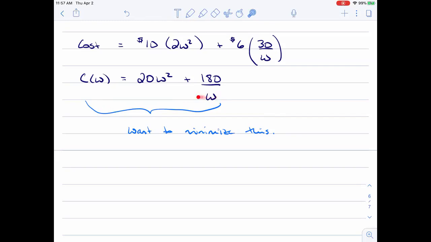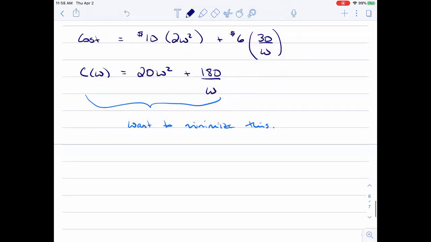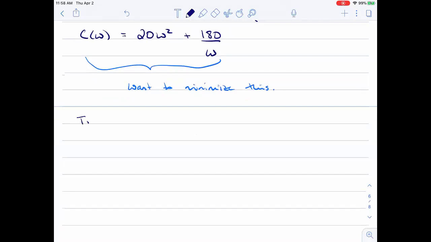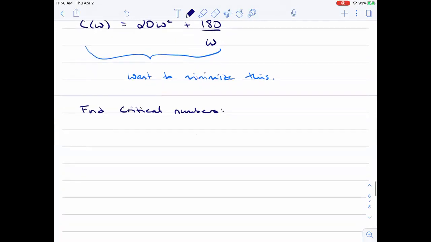But to minimize this, I can use the first derivative test, so I can find my critical numbers, and then check when the first derivative is negative or positive and try to find that minimum, just like we did for the previous question. And so we need to find critical numbers, which means I need to find the derivative.